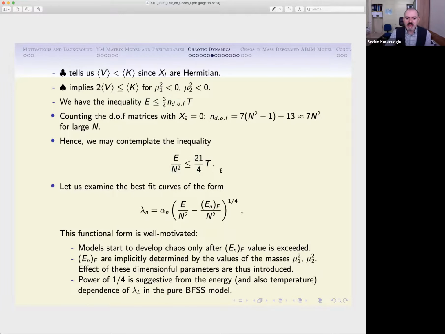So we obtain an inequality which relates the energy and temperature in this form. And now this can be used together with our fitting curve. So the alpha N's are obtained from the curves that we fit to the data.